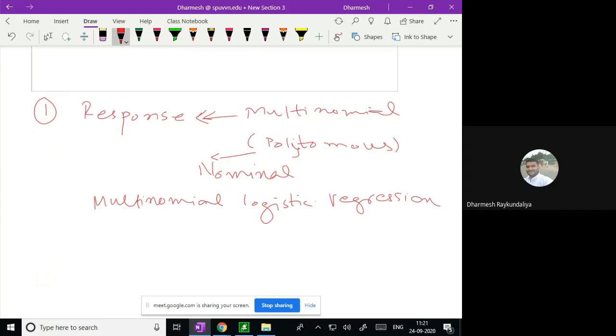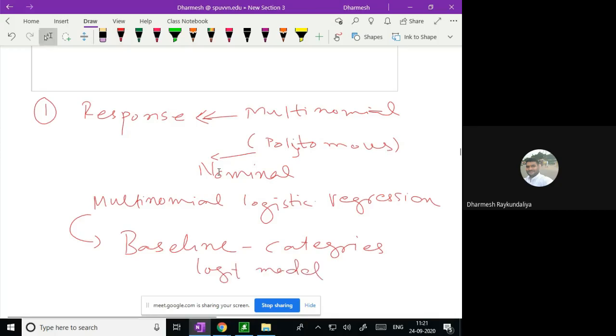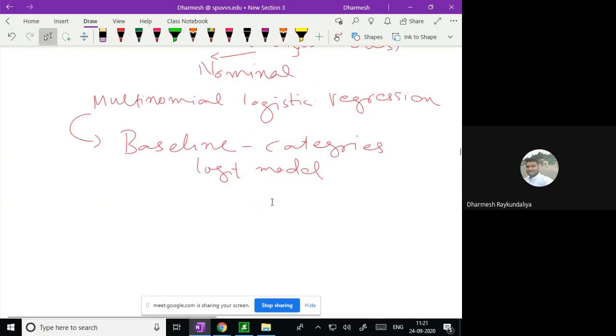Because in a multinomial logistic regression, we will keep one of the categories as a baseline category, and therefore it is also known as a baseline category logit model. Why a logit model? Because we are using the logistic transformation, so it is a logit model.